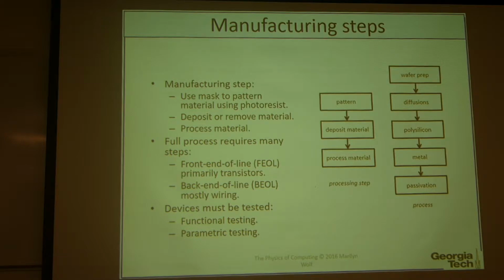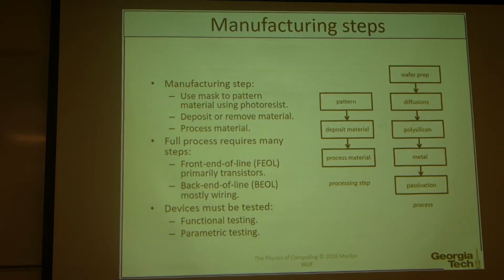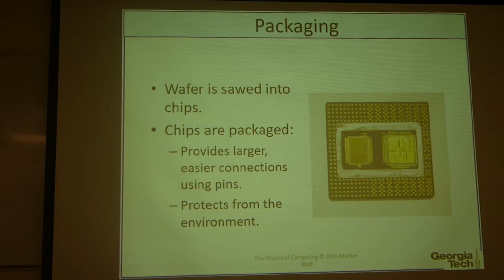After fabrication of the devices, we need to test it, if it is functional and parametrically what we wanted can be achieved. So we didn't go through this passivation process yet. So there is a packaging process.